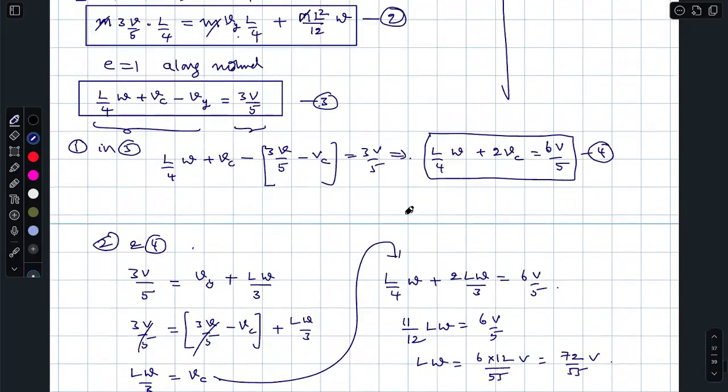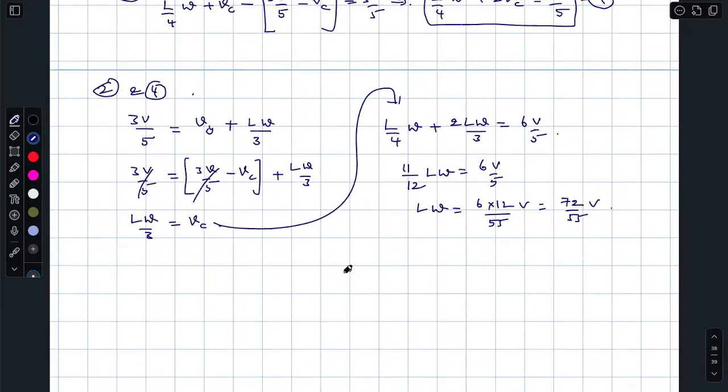Now, you know very clearly every term here. Now, with this, you can write Vc is L omega by 3. That is L omega by 3, which is 24 by 55V.